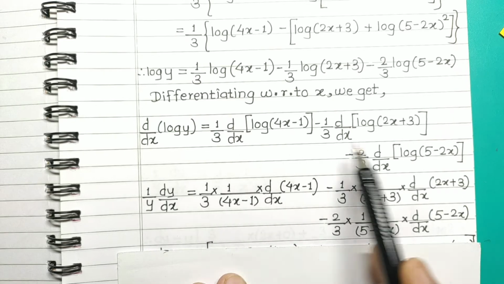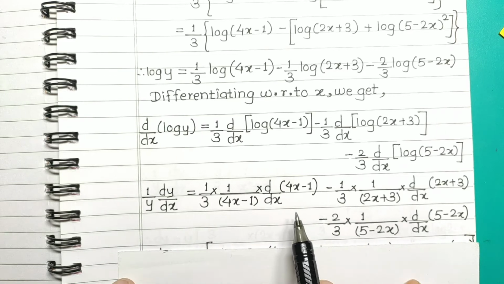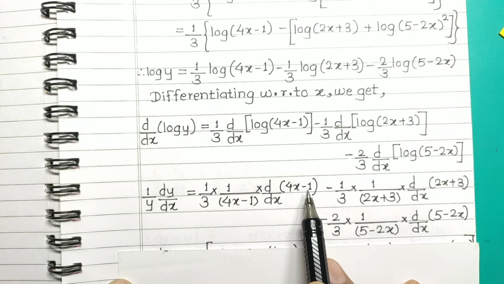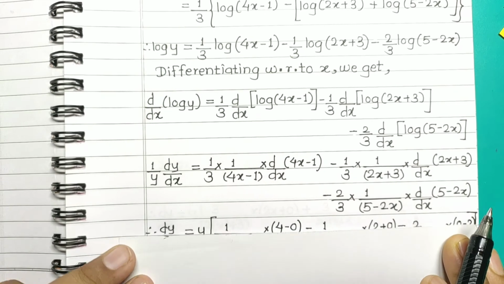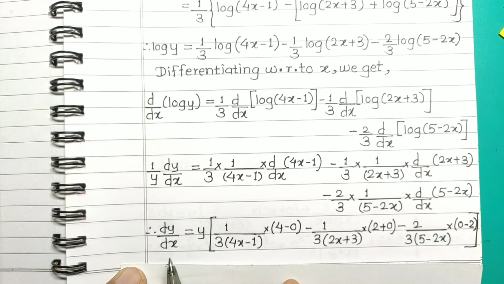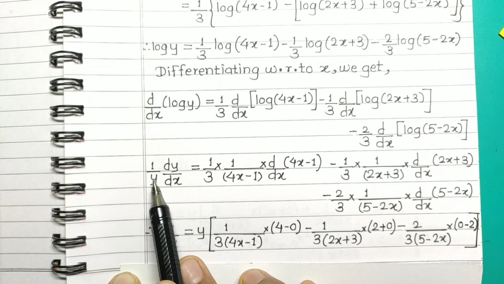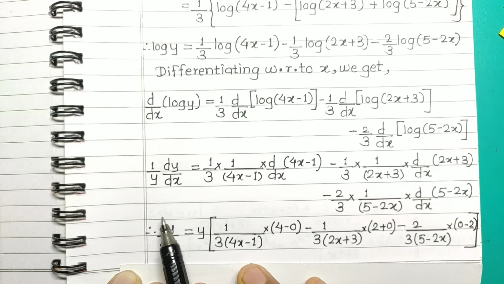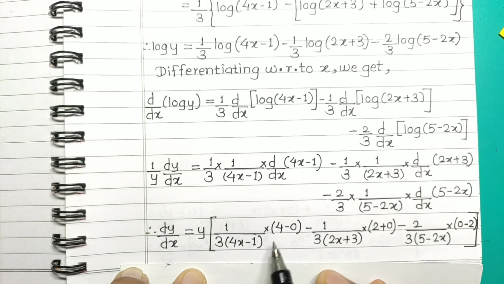So all the derivatives we have evaluated at this step. Now to the next step, let's evaluate these derivatives. At this step we are multiplying y on the RHS, since it is divided on the LHS, so on the RHS it will multiply the whole terms.